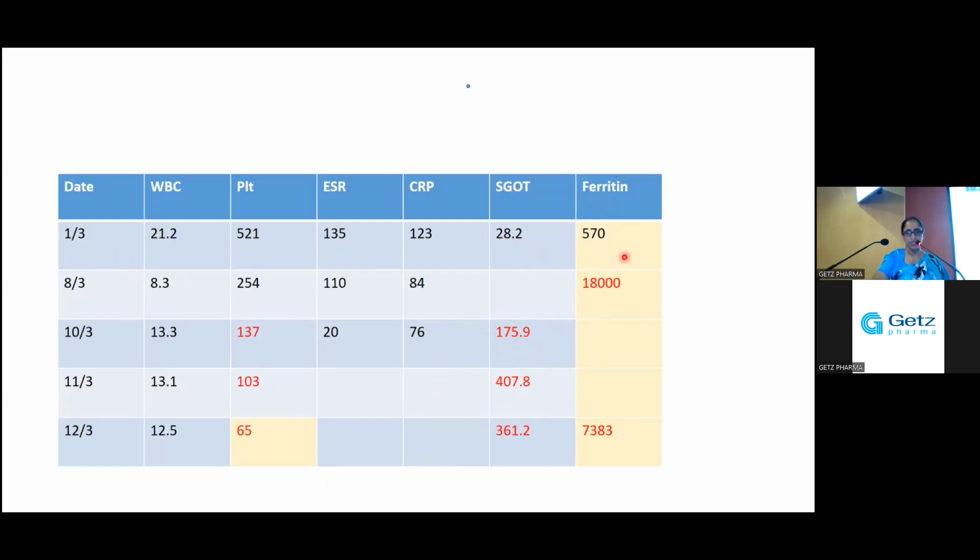Likewise, the yellow cages are the HLH criteria. See the difference. According to that, the ferritin level goes up to be significant on the 1st of March, and then the next criteria, with available bloods, go up well after the child completely collapsed, and then it becomes positive here.